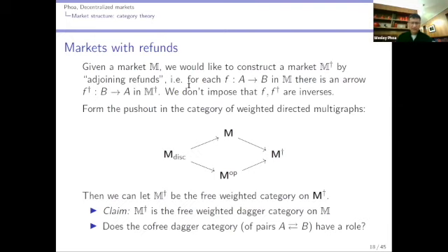And also, you can talk about what it would mean to have a market with refunds. So for every arrow there's some distinguished way of going the other way around. You don't assume that they're inverses, but just that you can always reverse a transaction, and that can give you some interesting additional structure to look at as well.